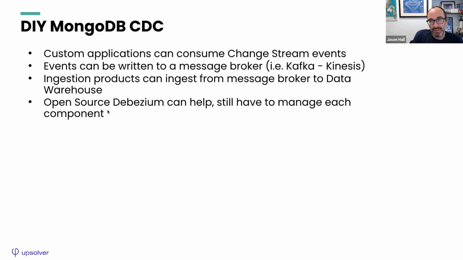It provides connectors to a pretty wide variety of databases, MongoDB being one of them. And so if you don't want to write your own application to read change stream events from MongoDB, Debezium can do that for you as more of an off-the-shelf open source offering. Debezium still does have a Kafka component to it. So Debezium can read from Mongo right to Kafka, so it can handle part of the application architecture. But it is nice for customers that don't want to have to write their own applications to read change stream events and write them to a message broker.